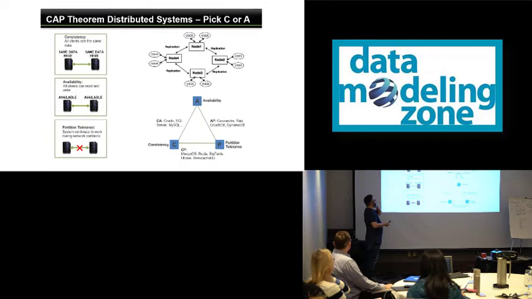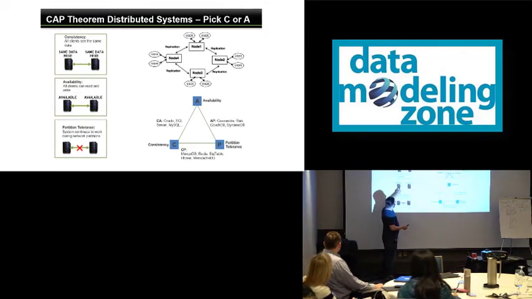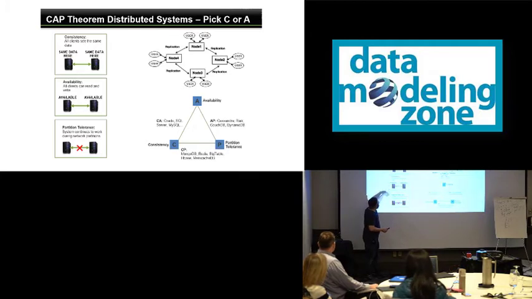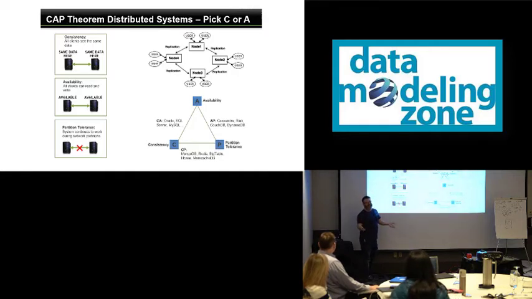Basically, the theory is this. You can be highly available, so all the clients can read and write. You can be highly consistent, so all the data is the same everywhere. And you can have partition tolerance. In other words, when the network breaks between them, things continue to work. You can only at any given moment be two of those three things.